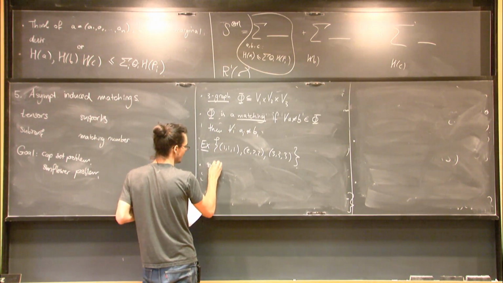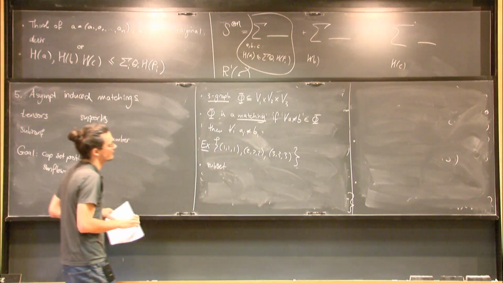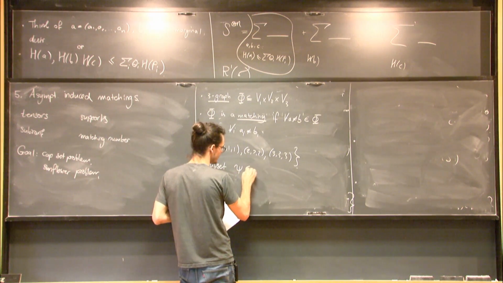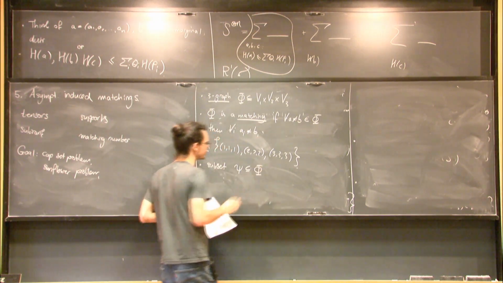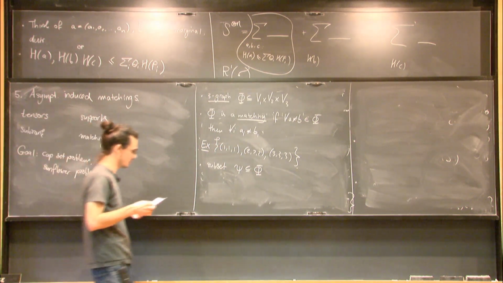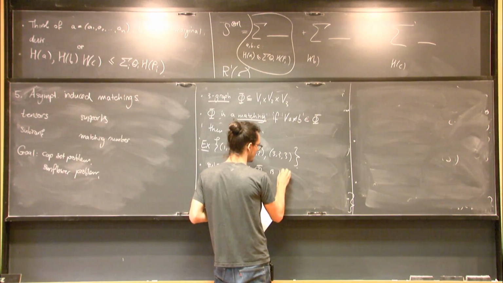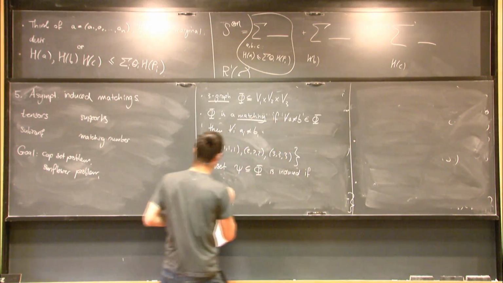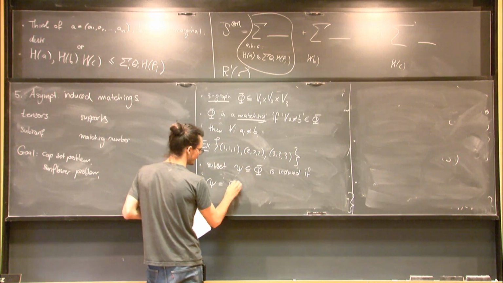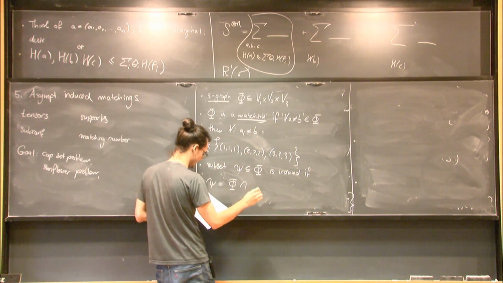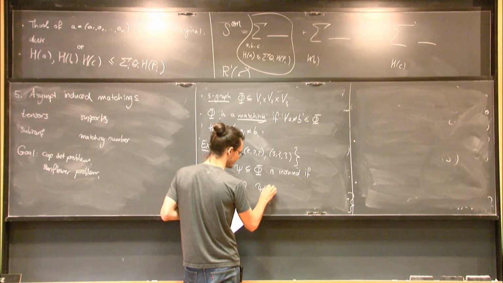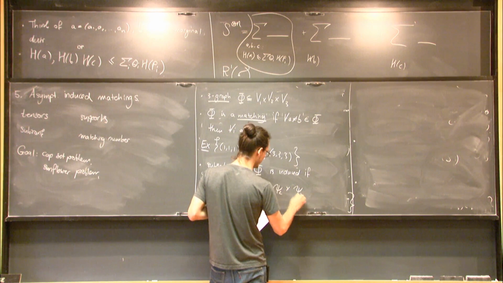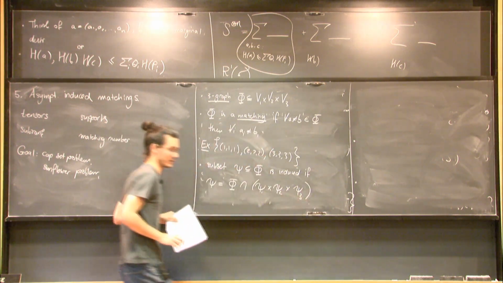So we say that if you have 2 such guys, so you have a phi and a psi, and psi is a subset of phi, then we call this subset induced if psi equals phi intersected with the product of the marginal sets of the psi. So you should think of an induced subgraph. But we're talking here about these hypergraphs.